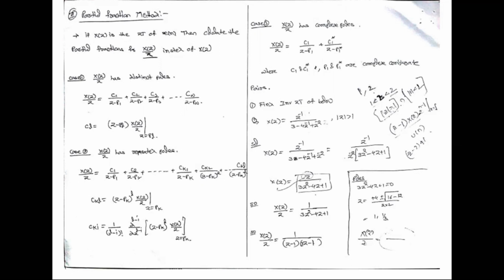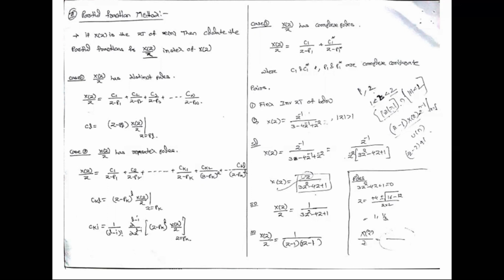Mostly we are using the partial fraction method only to find out the inverse Z transformation. An easy way, we already know how we can find out the partial fraction expansion for any given function with the quadratic expression and after finding out the roots.